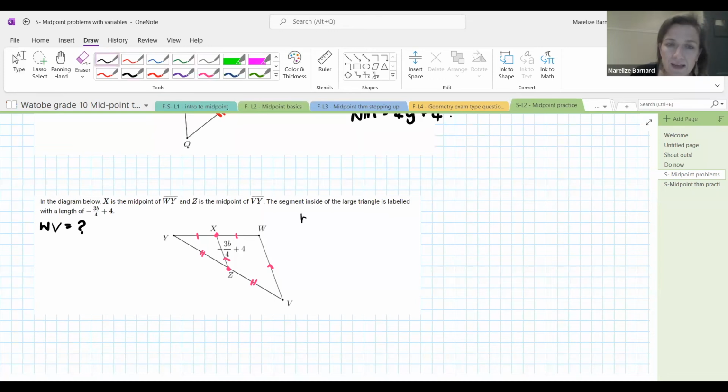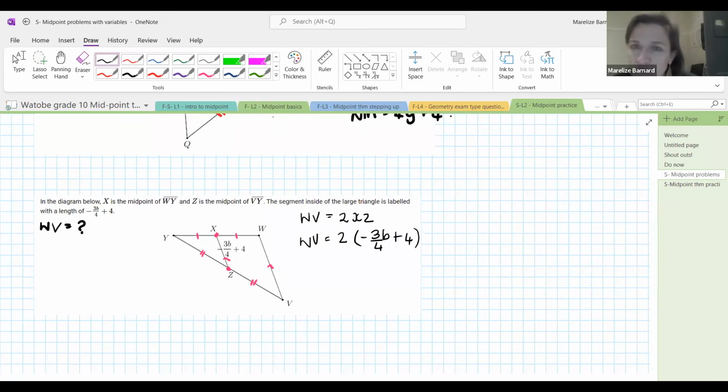So we can say that WV is going to be 2 times XZ. I'm still saying WY instead of WV. So WV is 2 times minus 3 over 4b plus 4.